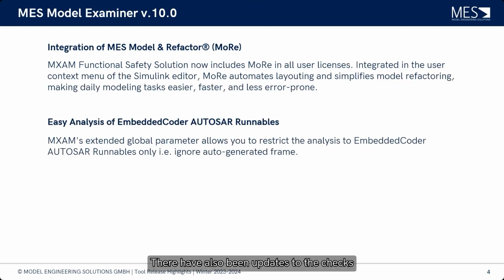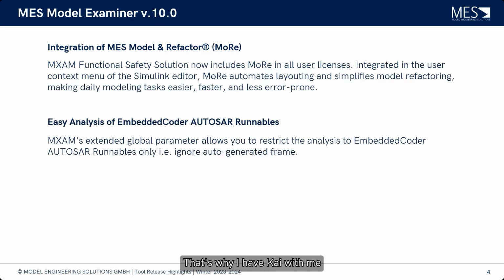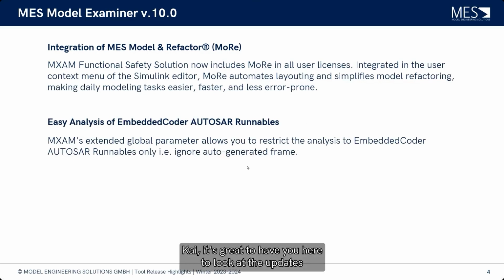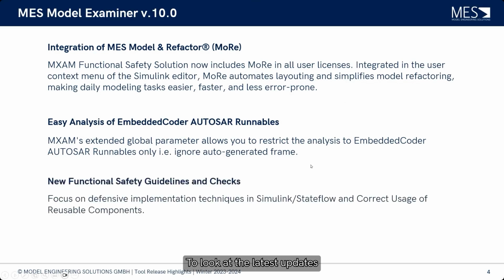There also have been, of course, again, updates to the checks and the analysis that MXAM is running, or MXAM is used for the stack analysis. And that's why I have Kai here with me as well, because Kai, it's great to have you in the same meeting here to look into the latest updates with regard to the MXAM checking functions or features.